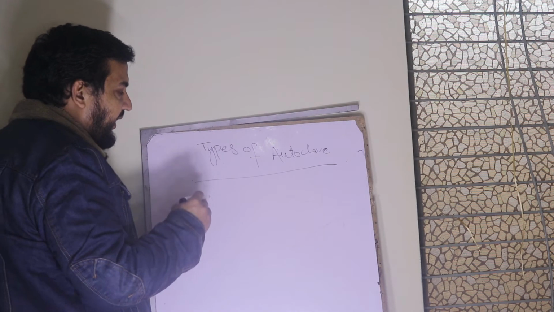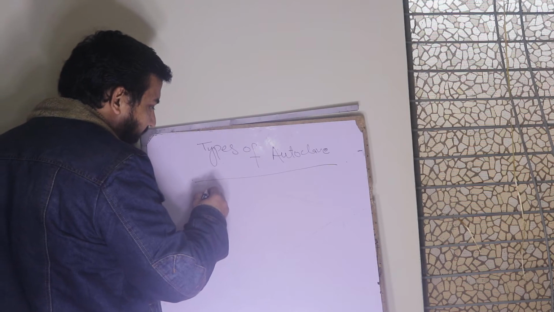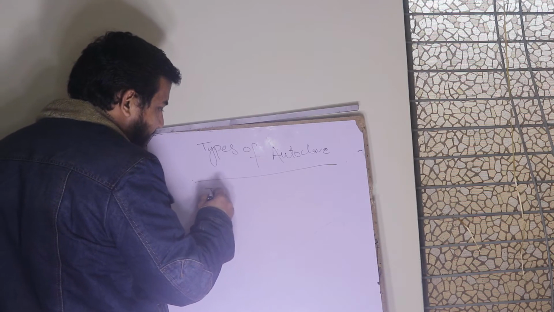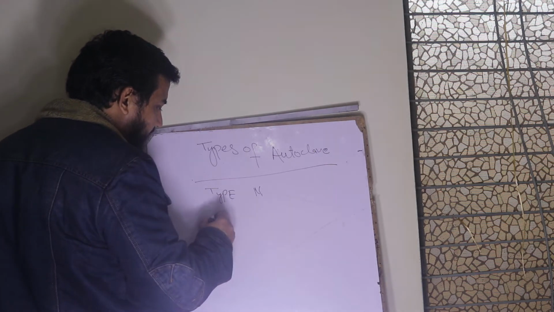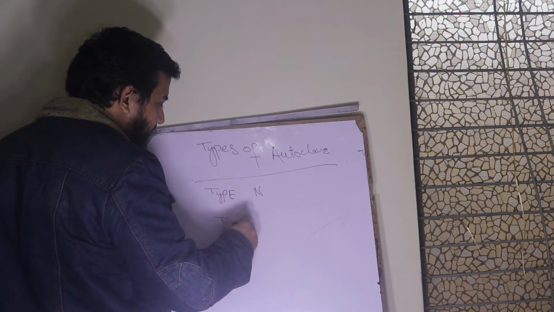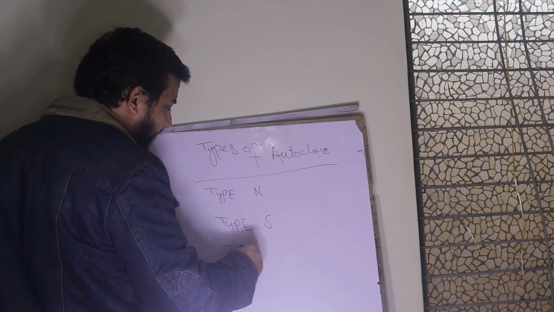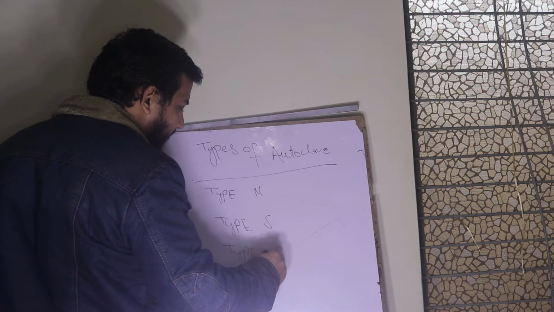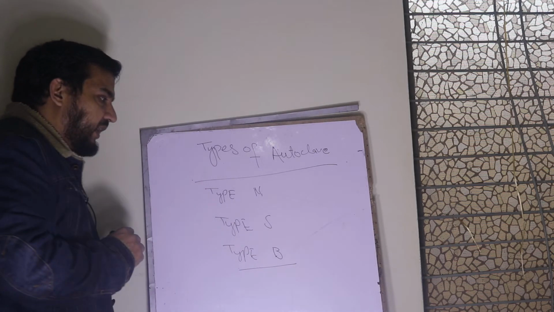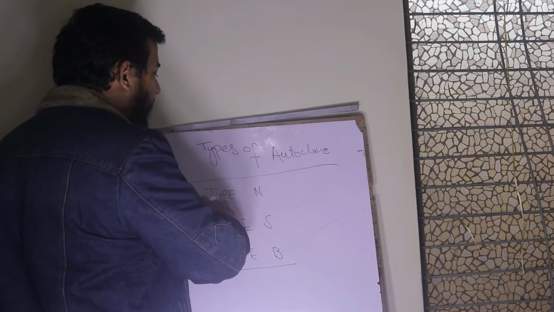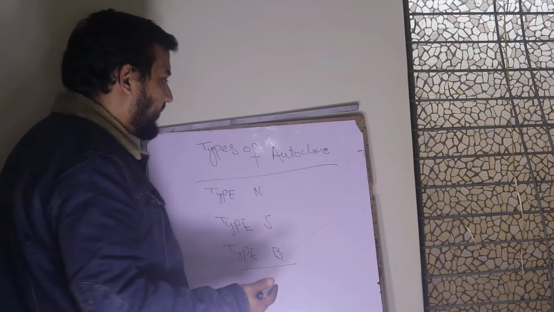Autoclaves are basically of three types: type N, type S and type B. We can also call them B class, S class or N class.